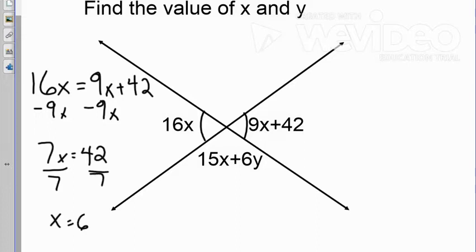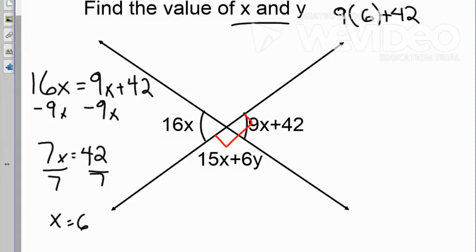Okay. So now that we know what x is, remember we're trying to solve for x and y. So we know that x is 6. So then we can figure out what our y value is, because now that we know what x is, we get rid of that value. We do know that these two form a linear pair. So what we can do is put in that x value. So we've got 9 times 6 plus 42.